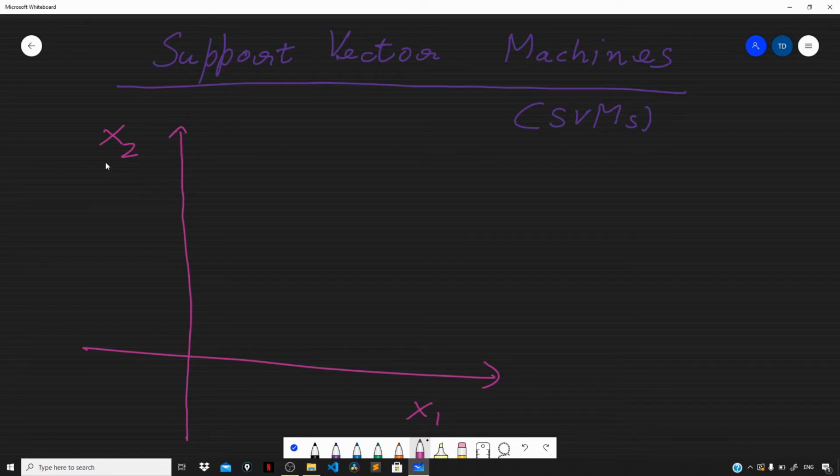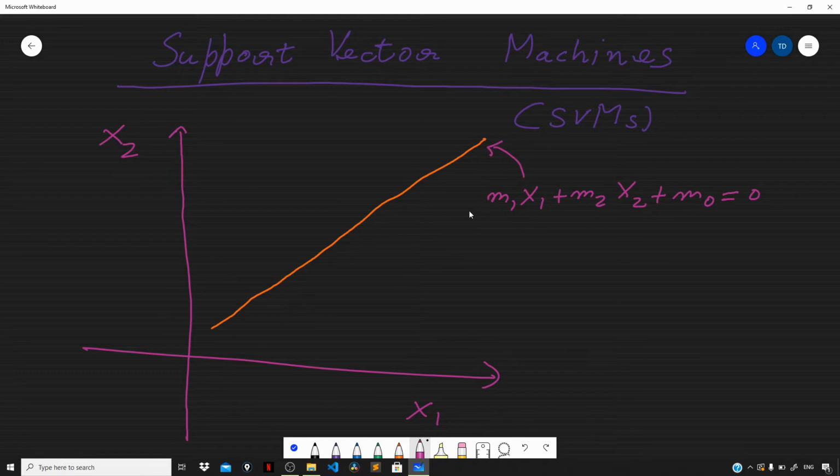Now consider a hyperplane for this space. So our hyperplane, as we all know by now, will be a 1-dimensional surface, which is practically a line, right? And let us say the equation for our line is m1 x1 plus m2 x2 plus m0 equals 0. Let me represent this line in the diagram. Let us say this is the line, and the equation for this line is this.